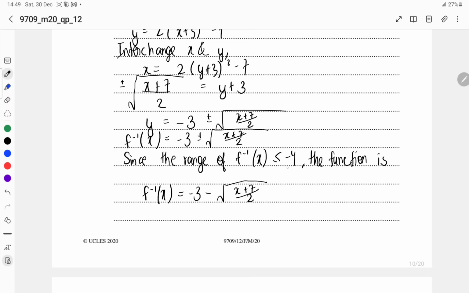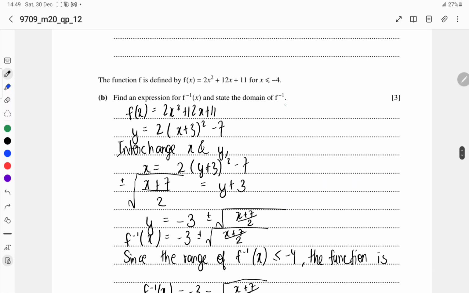And then for this function to always be less than or equal to negative 4, the quantity inside the square root must always be greater than 1, or let's do it in a simpler way. Let's not use much logic over here.